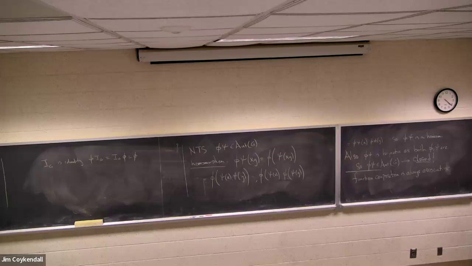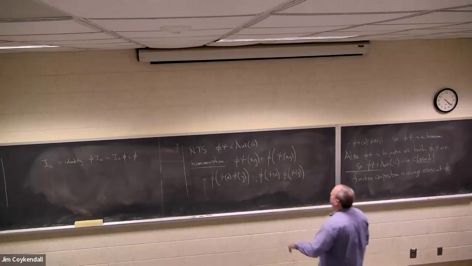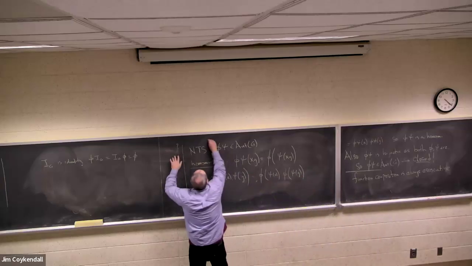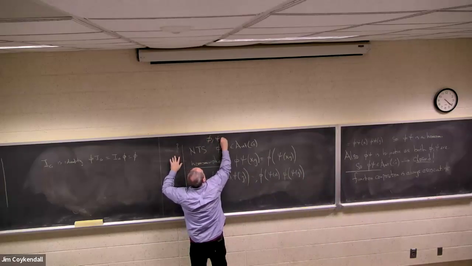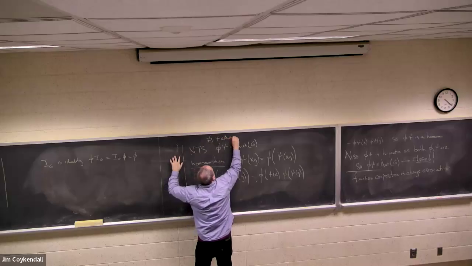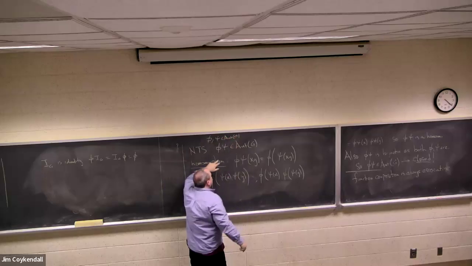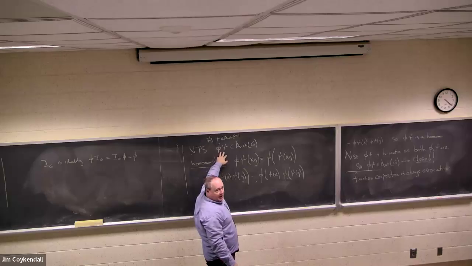So if we're just showing that this is a group, then why did we have to show that it's a homomorphism? Because if you have pitchfork and phi in Aut(G), what you have to do is show that when you combine them, it's still an element of Aut(G). That's the closure bit.